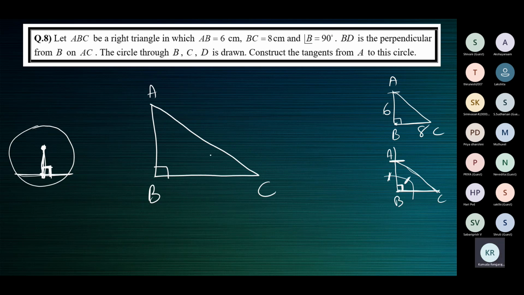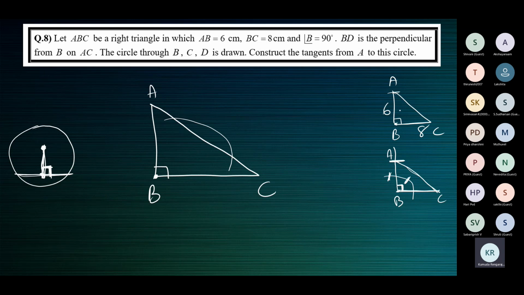Okay, you will understand once we finish. So now what you have to do is you just assume B to be the center of a circle. Now using B as center and any convenient radius, you must draw an arc so that it intersects the hypotenuse at 2 points like this. You can take any radius.